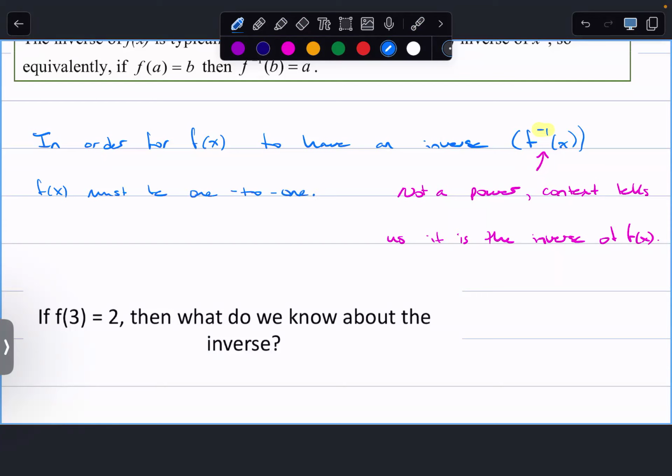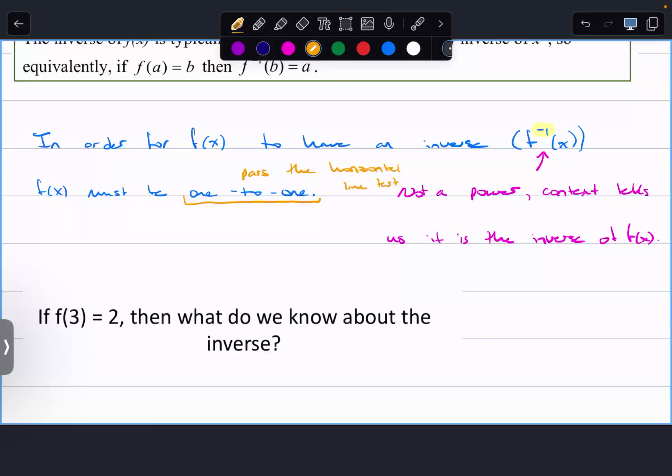And that's when we traced back to the very first section 1.1, and we said, what does it mean to have a one-to-one function? Well, first it has to be a function, so it has to pass the vertical line test. Then, in order for it to be one-to-one, it has to pass the horizontal line test as well, meaning it can only pass at one point as you draw horizontal lines.